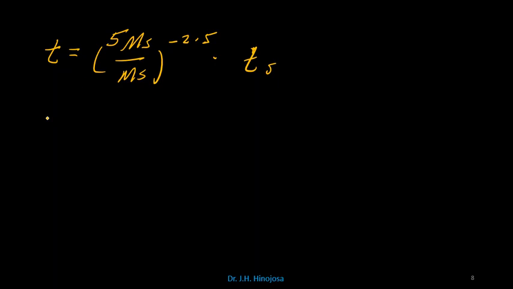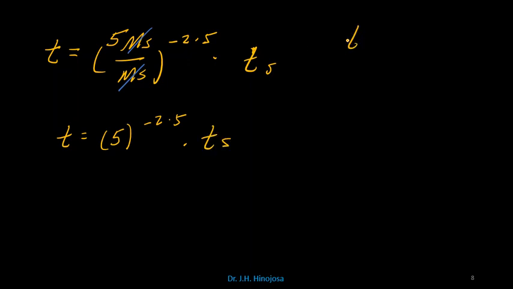Now we notice that here the mass of the sun cancels because we have mass of the sun in the numerator and in the denominator. And so this becomes T is equal to 5 raised to the minus 2.5 power times T sub s.